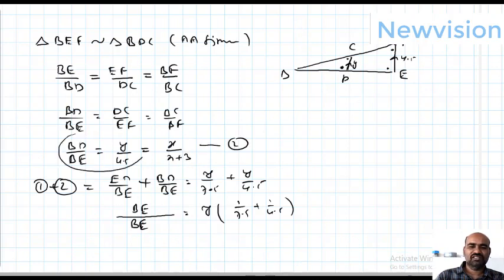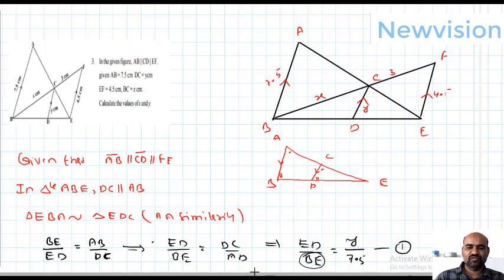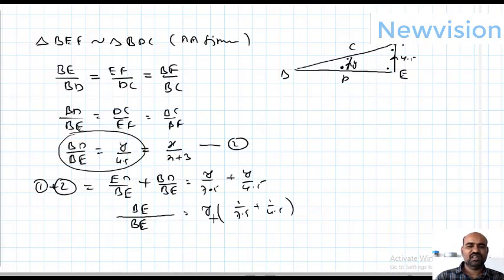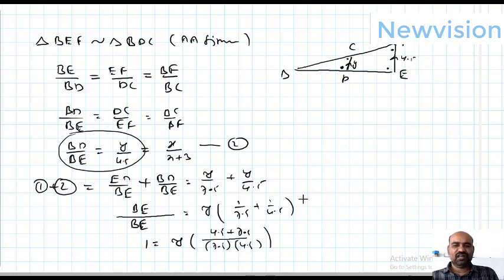I compared this with this, and from there I got the relation. I will get the Y value here. 1 equals Y into, this is 7.5 into 4.5, here 4.5 plus 7.5. So from here you can get the value of Y directly.